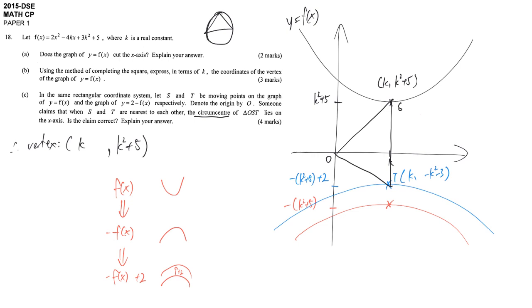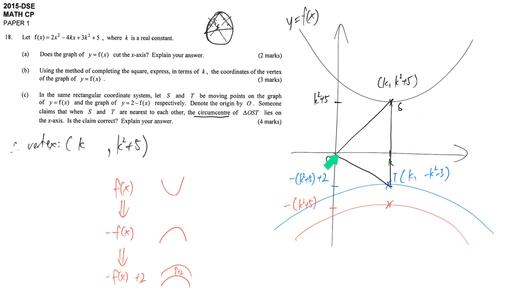One of the defining properties is the perpendicular bisector of the chord. That means the perpendicular bisectors of every edge will intersect at that point. So to get the circumcenter, our target is to get the perpendicular bisector of each side.